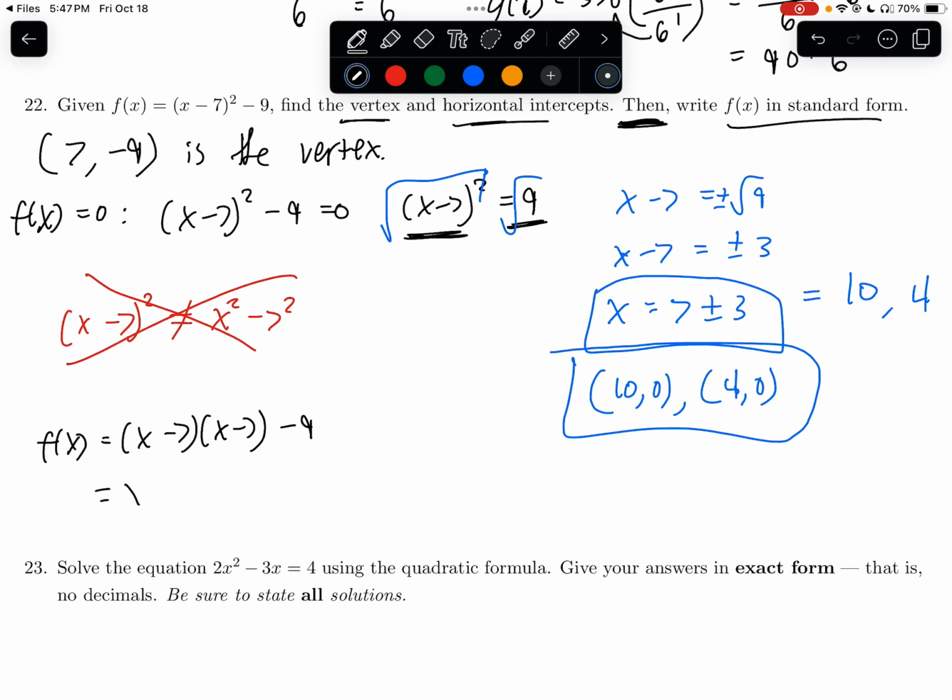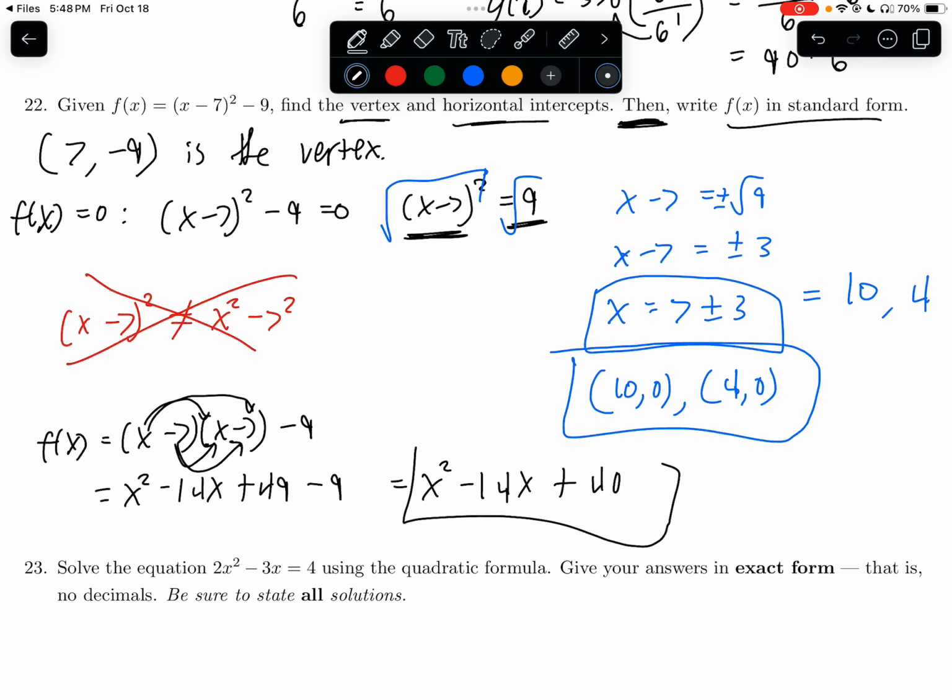And if I do this, I FOIL it or distribute it or whatever you want to call it, minus 14x plus 49, right? X squared, negative 7x, negative 7x, positive 49, minus 9. And so this is x squared minus 14x plus 40 in standard form.